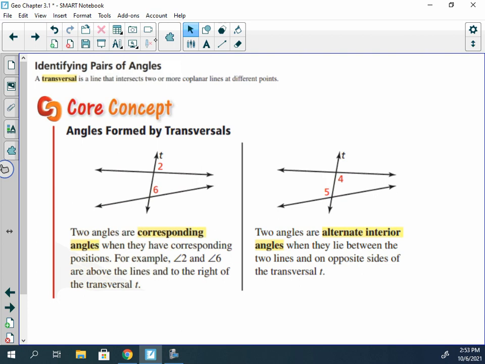Alternate interior angles: inside and opposite sides. So alternate interior, they're inside the two lines and on opposite sides.